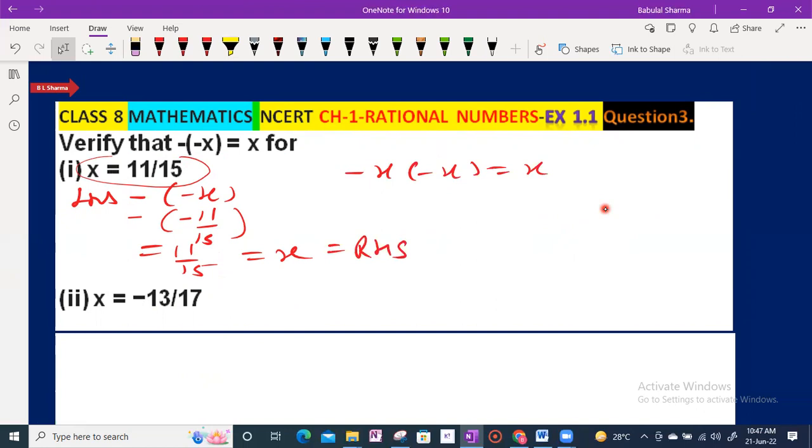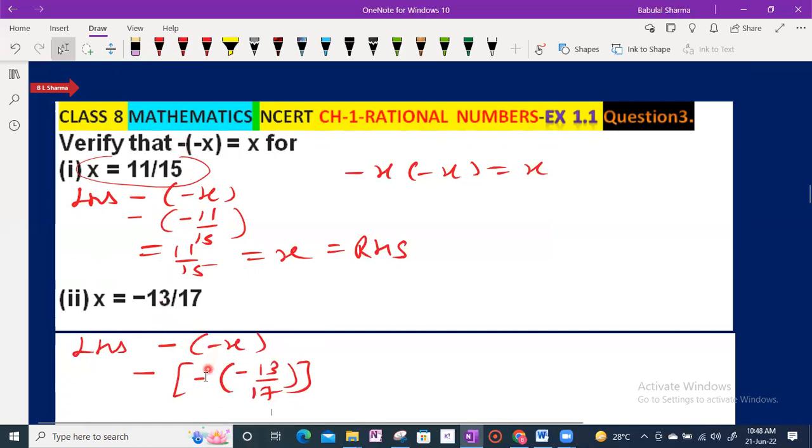Negative of negative is always positive, that is the right hand side. In the second case, on the left hand side, we write minus x, minus as it is, and the value of x here is negative 13/17.